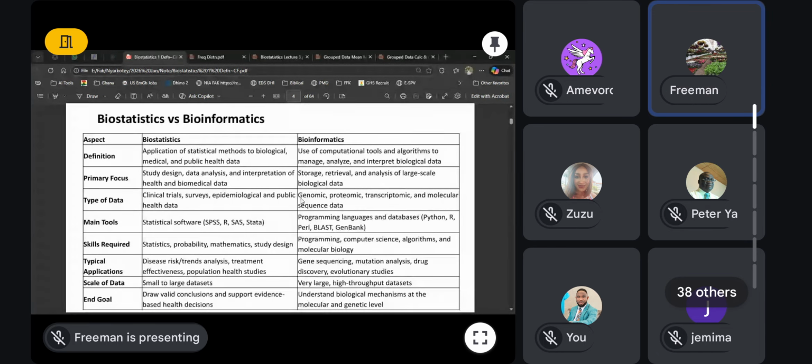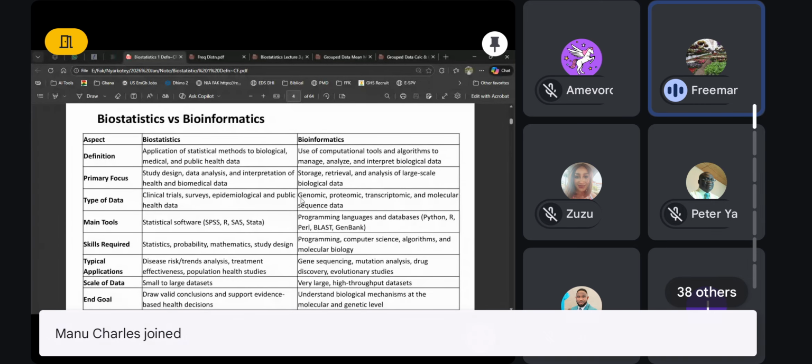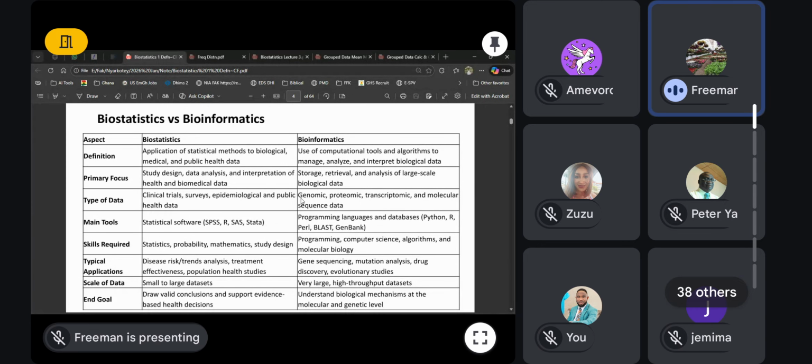Now, when you come to biostat, the data can be small, it can be large. But when you go for bioinformatics, it's highly interested in very large data sizes, not the small ones. At the end of the day, what are we expecting? A valid conclusion from biostats.